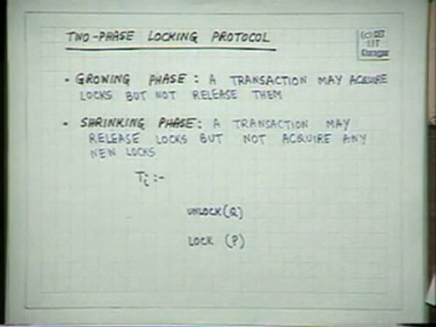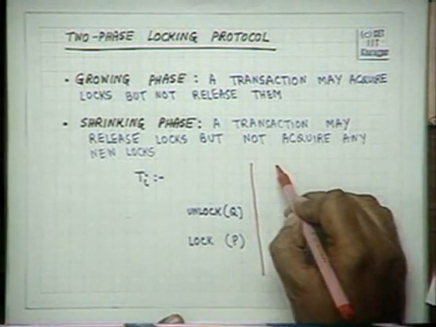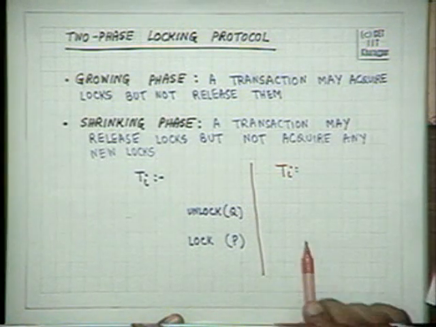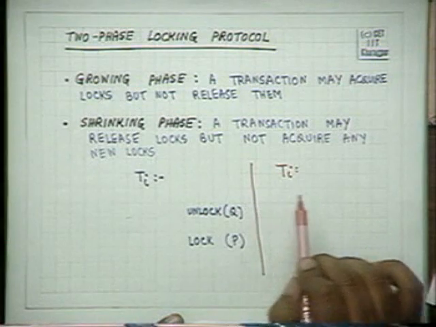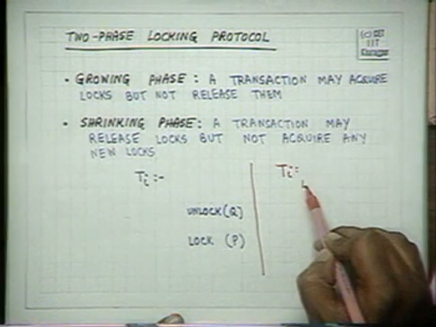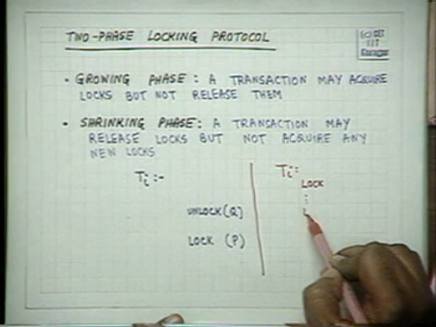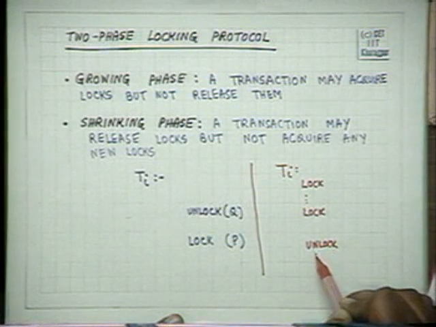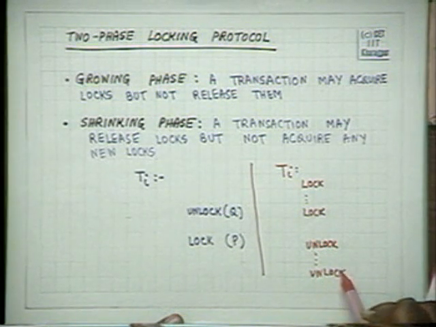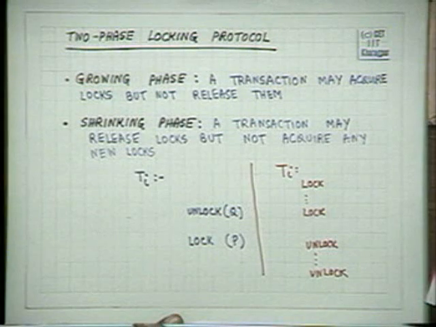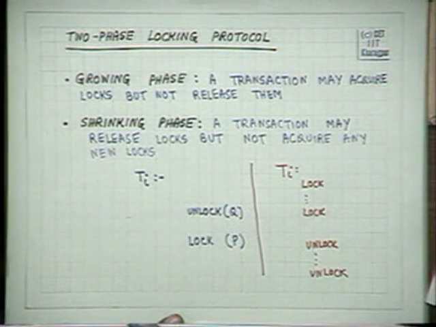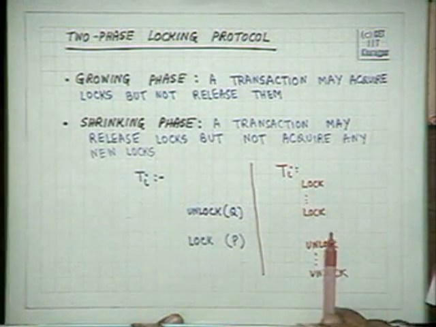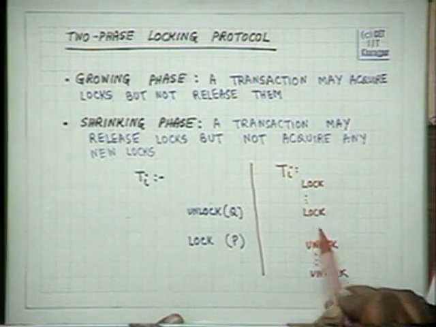This means that in any transaction Ti, if it has 5 or 6 shared variables, forget the read and write, the lock and unlock functions will be a set of locks and then a set of unlocks, so that in between you do not acquire any more new locks.